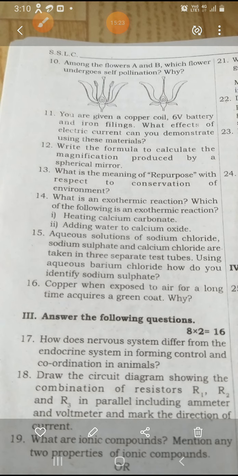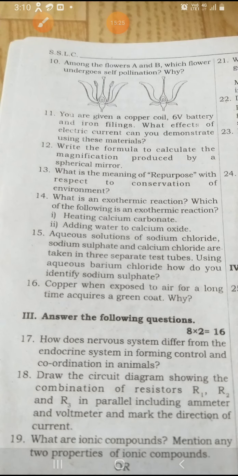So you have to think about what you have learned in that lesson. From that point of view, if you think, definitely you are going to write the answer. And as you know, in science we don't simply write so much, we write exactly what is needed. So in these questions also, in one or two sentences we write exactly what is being asked in the questions, right?